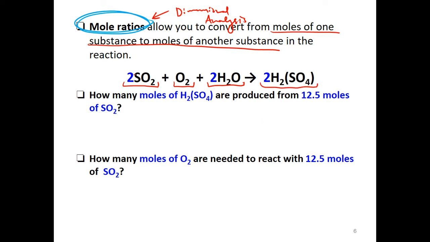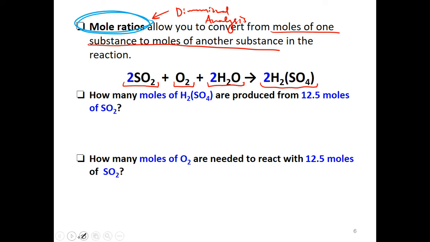So I have 2 moles of sulfur dioxide, 1 mole of oxygen, 2 moles of water combining to produce 2 moles of sulfuric acid. I can compare any one of these reactants and products to each other. We have a 2 to 1 to 2 to 2 ratio here. Based on what the question is asking, you have to pick which two things you are comparing.